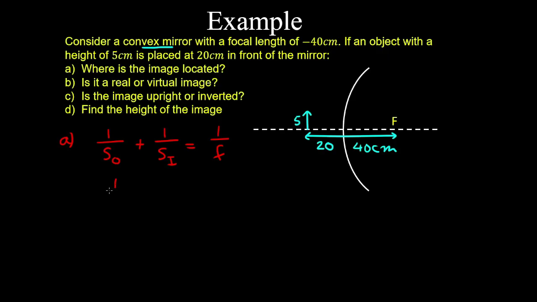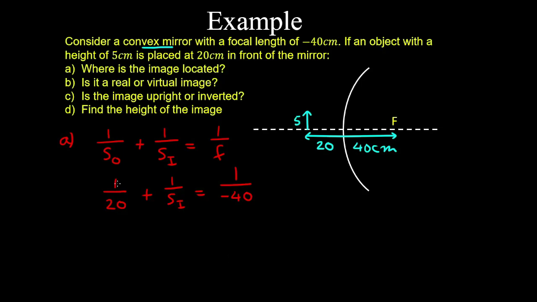So 1 over S0, which is 20 centimeters, plus 1 over SI is equal to 1 over the focal length. Given the focus is behind the mirror, we have minus 40 centimeters.